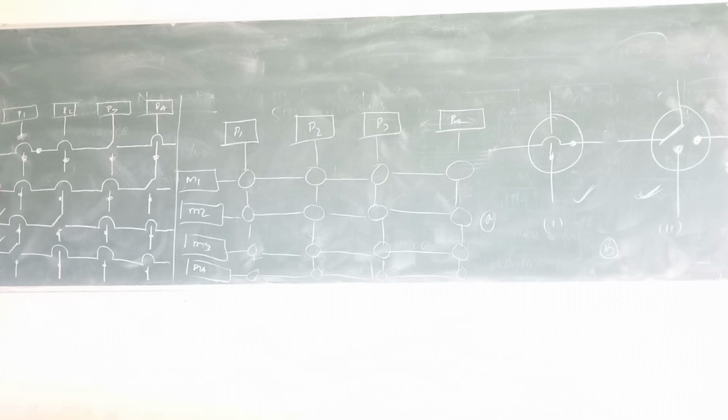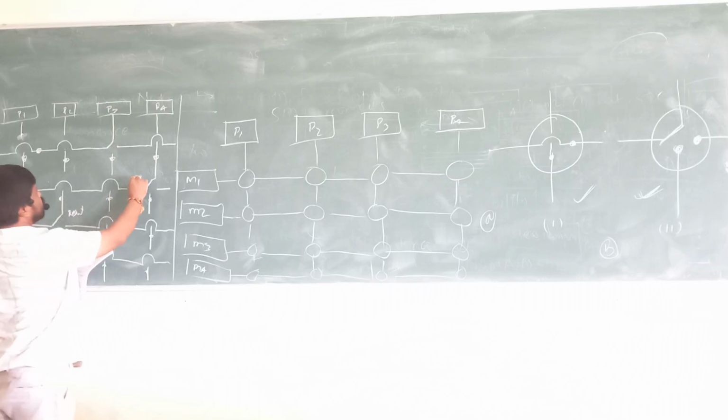M3 and M4 are accessed by P1 and P2. For accessing M4, we call it the write, and this one is called the read.